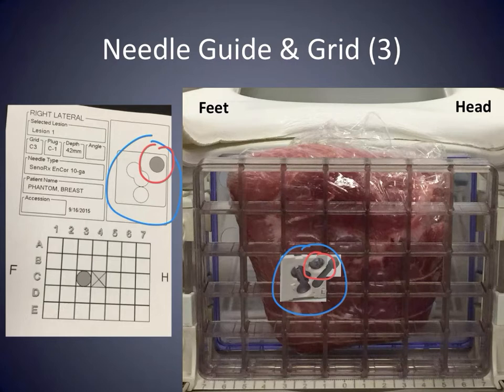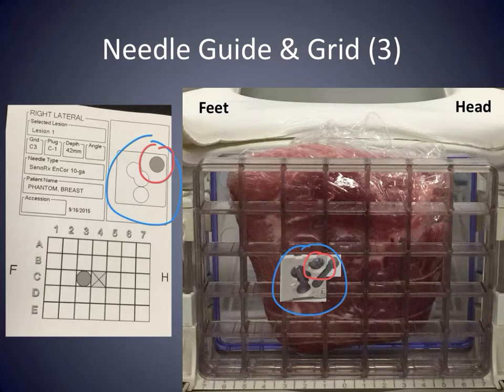And remember, the depth that you go in is 42 millimeters, and that's where you will set your depth stop. Also keep in mind that in section A, we had demonstrated that it's easier to place your needle biopsy system through the needle guide block first before placing the entire biopsy device and needle guide block as a unit into the grid opening.